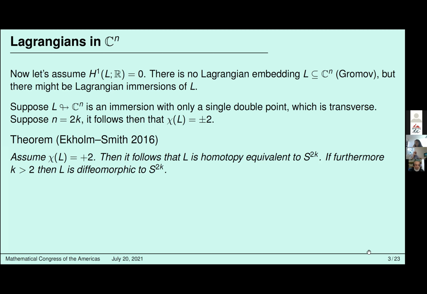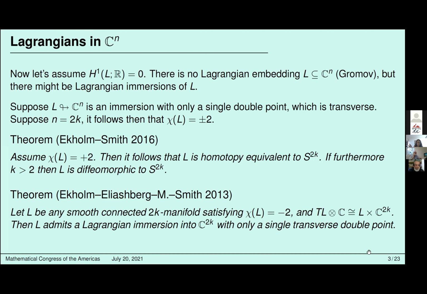Now, what I would like to contrast this with is that if you have any smooth manifold which has Euler characteristic -2, so now we switch our condition to a negative double point, then there's one certainly necessary condition, which is that the complexified tangent bundle has to be trivial, because we have an immersion into Cn, and the fact that it's Lagrangian tells me that the normal bundle is isomorphic to the tangent bundle.